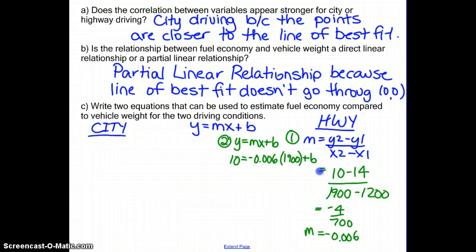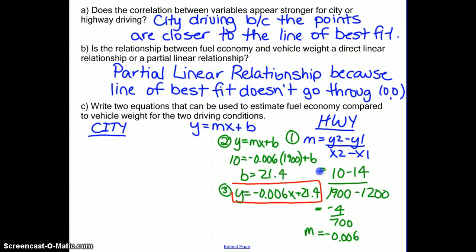Our first step would be to multiply negative 0.006 by 1900. Move it to the other side, and you'll find that b equals 21.4. Now our last step is we want to rewrite this into y equals mx plus b, where y and x are both variables. So we'll get y equals negative 0.006x plus 21.4 is your equation for the highway driving.